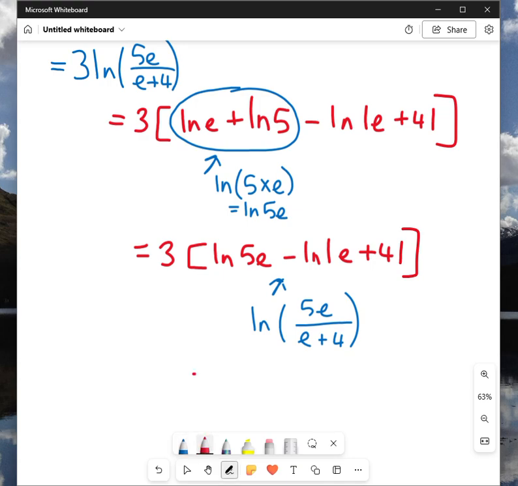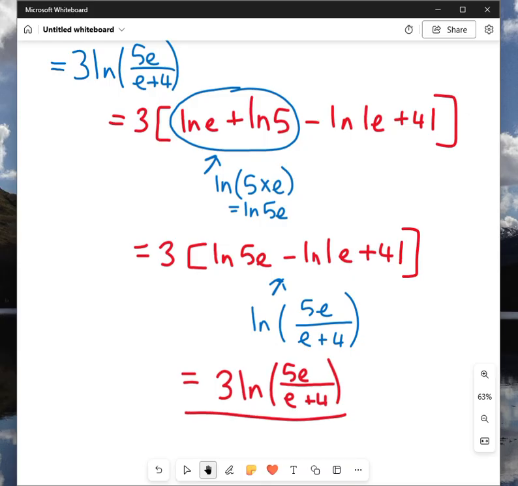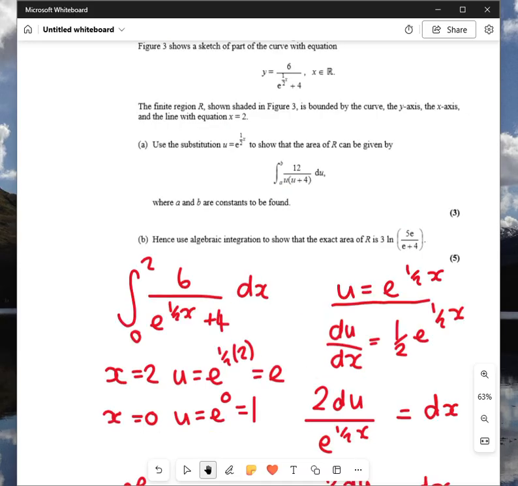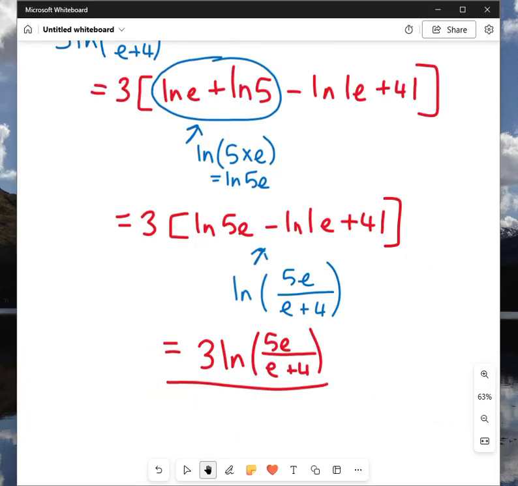So that would therefore become 3 log 5e over e plus 4, which I wrote there, which is what we wanted. I'll just go back and check. But yeah, that's what we wanted. 3 ln 5e over e plus 4. So that is the question answered.